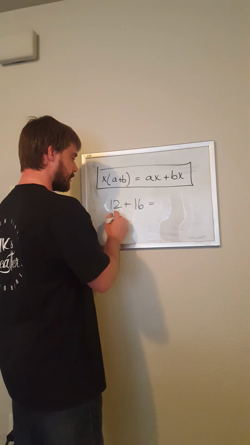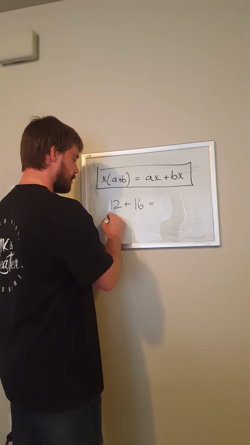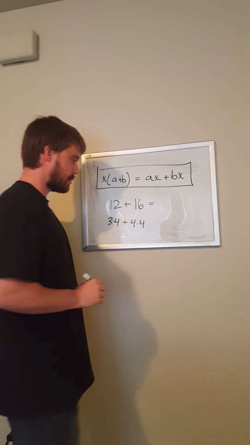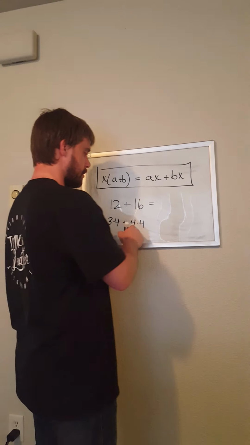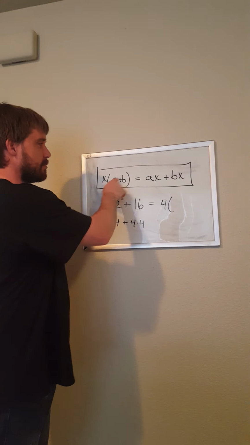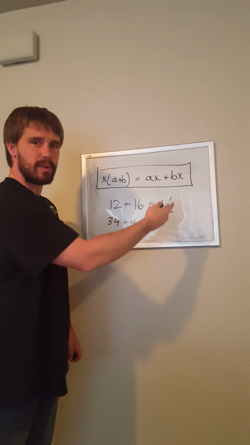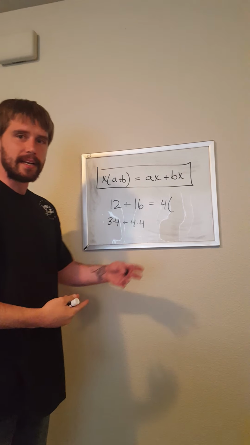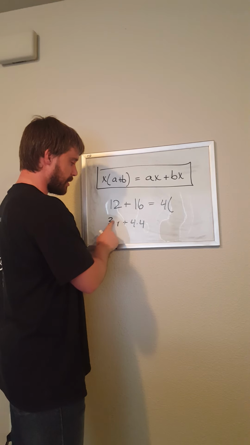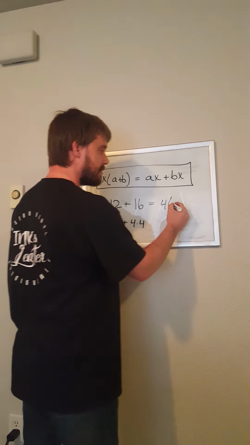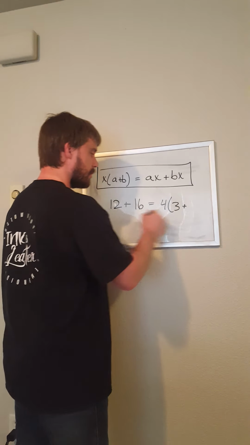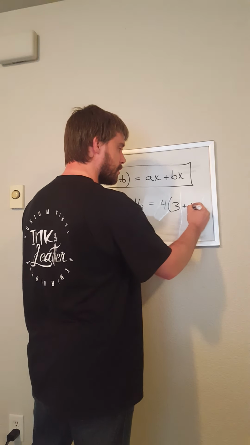So I can rewrite these as 3 times 4, 4 times 4. Which means I can pull the factor of 4 out. Here when I was multiplying, I was multiplying. So when I'm factoring, I'm dividing. So 12, when I take the factor of 4 out of the 12, when I divide that factor out, I've got 3 left. And when I take a factor of 4 out of 16, I have 4 left.